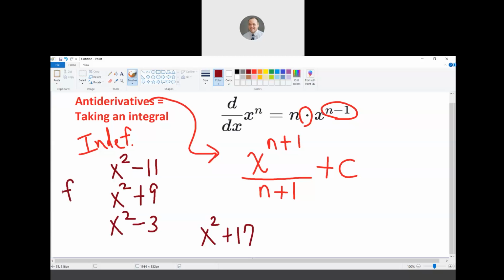Well, no matter what the constant is, your first derivative for all 4 of these is 2x. So that's why when we are actually finding the antiderivative, or going back and finding the original function, we have to put a plus c to ensure if there's some type of constant there.